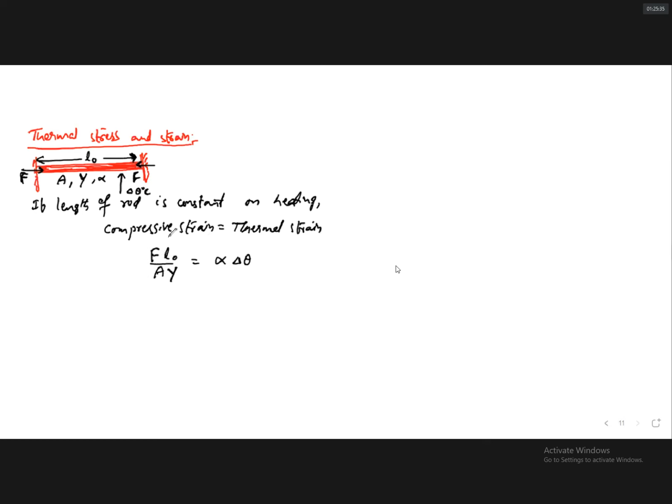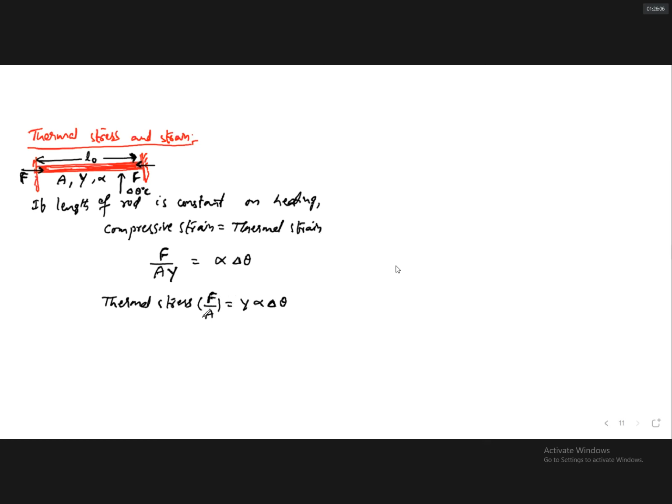In strain, L0 is not there, just stress by Y, F by A Y. F by A is known as thermal stress. Thermal stress F by A is equal to Y alpha delta theta.